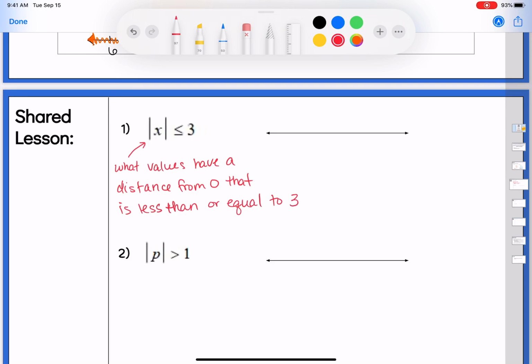So again, that's a very wordy way of thinking of what that simple inequality really represents, but that's what it means, right? What values have a distance from 0 that are less than or equal to 3?